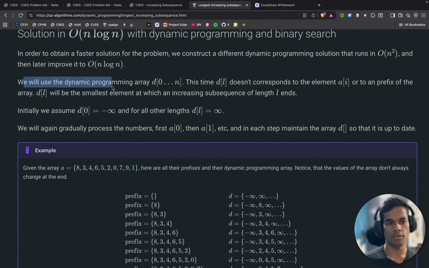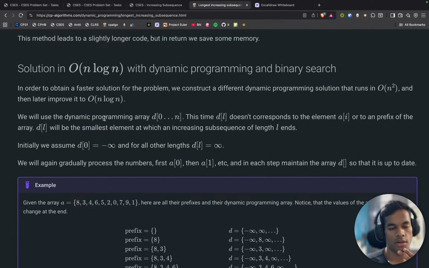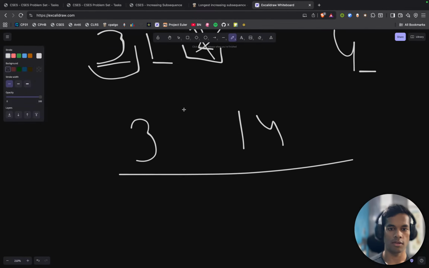I think we should be able to write the solution just from this statement. They are changing the definition for the dynamic programming vector. They are saying dl represents the smallest element, not the index of the element, but the element at which an increasing sequence of length l ends. Let's go with this.